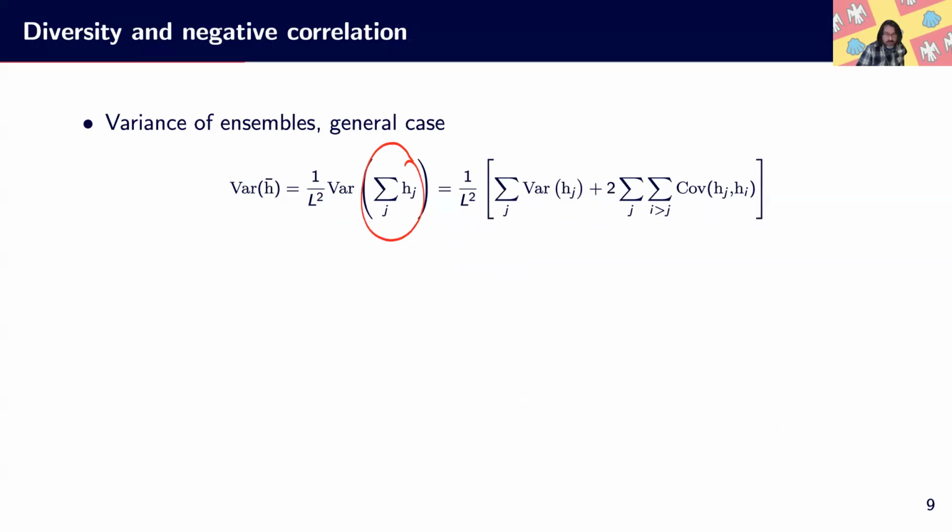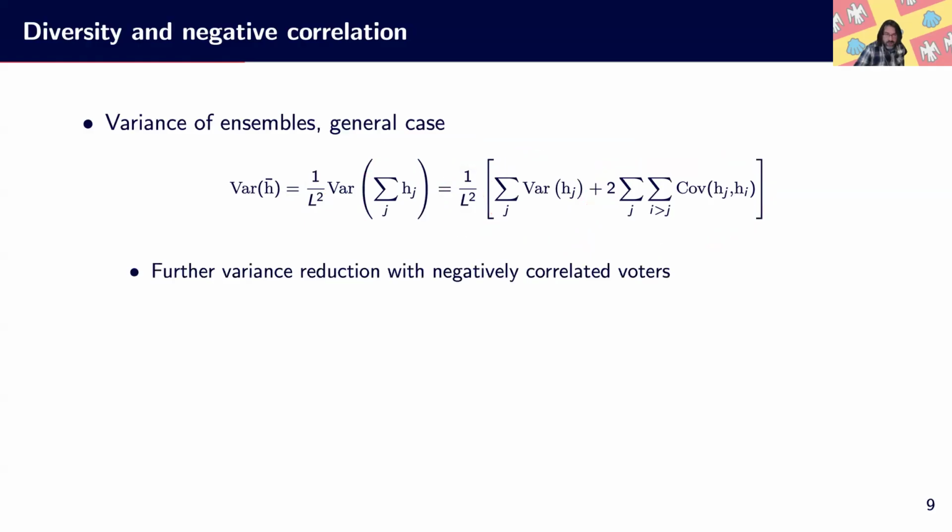Now, this variance is not the same everywhere because we don't assume the IID hypothesis anymore. If we decompose that, it corresponds to 1 over L squared times the sum over j of the individual classifier variances, plus 2 times the sum of the covariances between each pair of members in the ensemble.